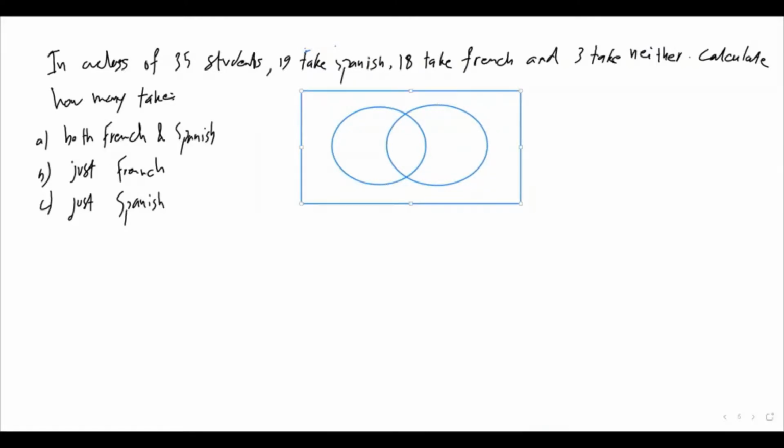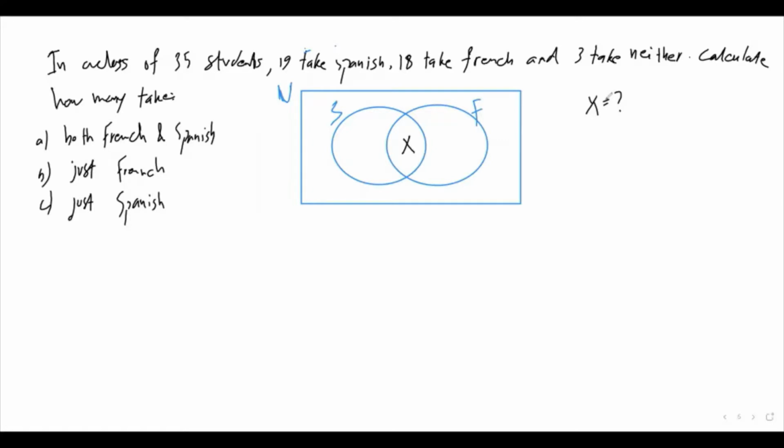So I can use the letter S for Spanish and F for French, and this is my universal set. The question is, how many of these students take both subjects? Let's consider that to be x, this region right in the middle, and we don't know what x is, right? That's a question mark right there.